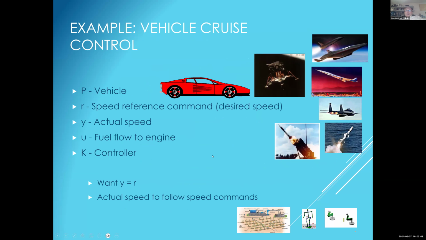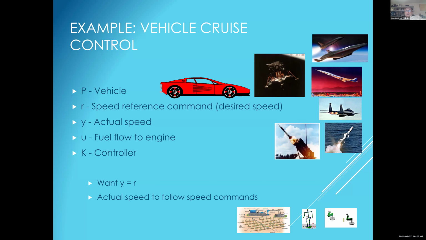Another problem that you can use to relate to the control statement is where we have a vehicle and we try to achieve cruise control. So we have a desired speed as a reference command.